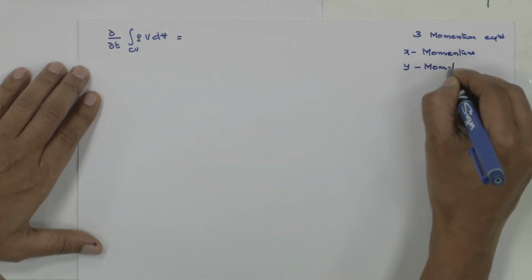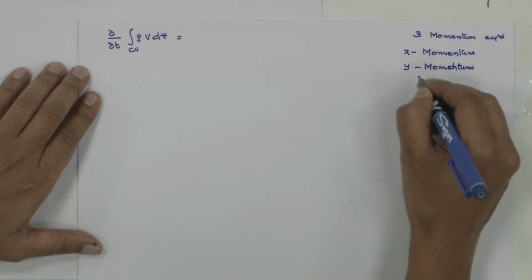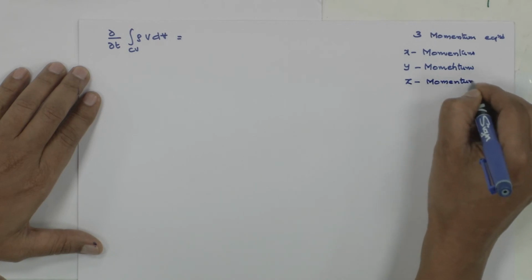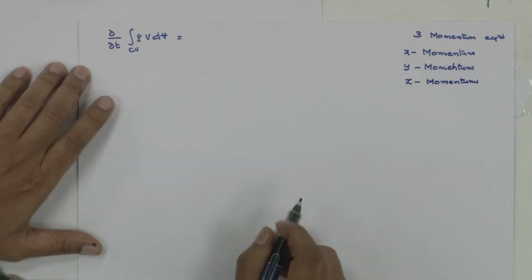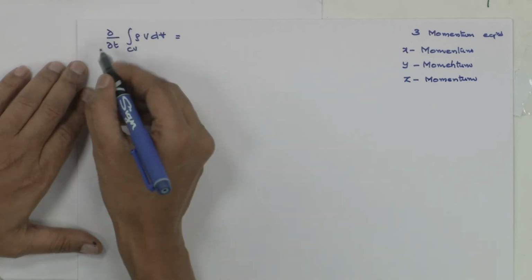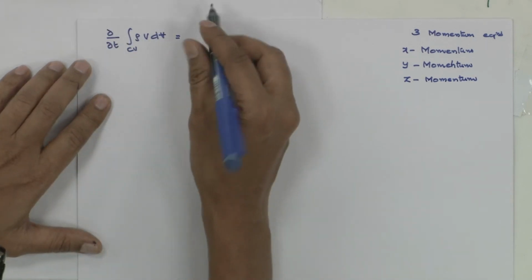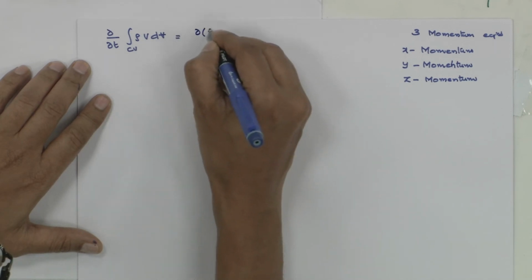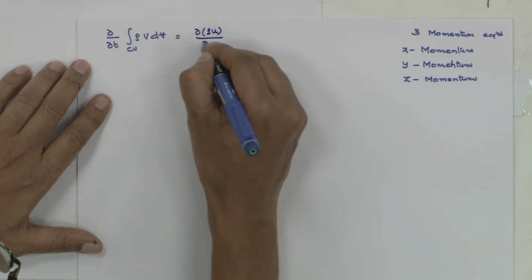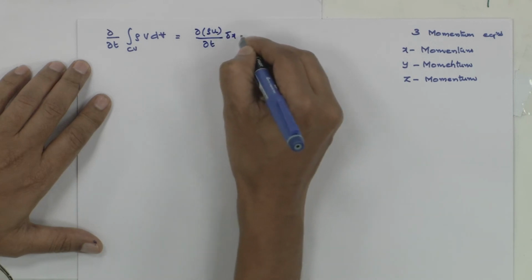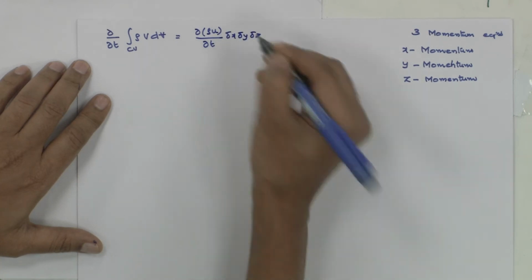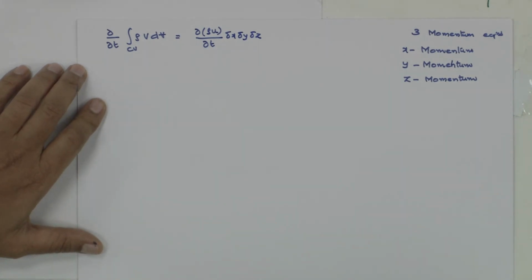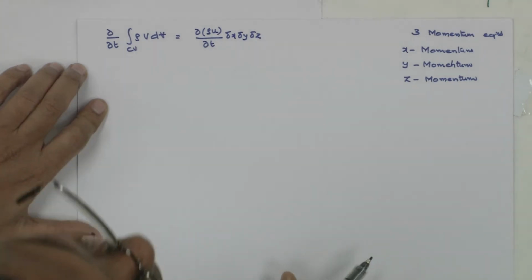We shall derive x, and along the same lines we are going to write directly for y and z. So, if I take the x momentum equation, I should be taking only u. So, del of rho u by del t, and the volume of the elemental volume is delta x, delta y, delta z. Okay. So, that is my first term of equation 1.